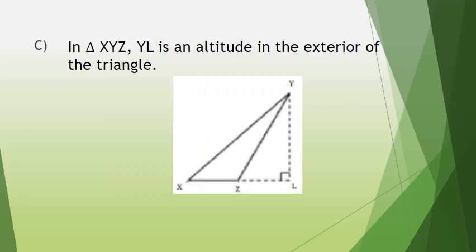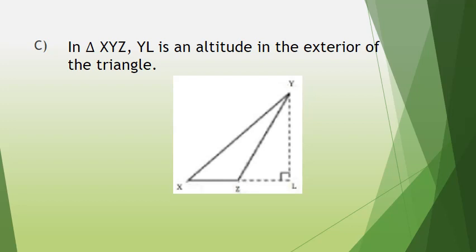Next question, in triangle XYZ, YL is an altitude in the exterior of the triangle. In this case, if we want to get an exterior altitude, you should draw an obtuse angled triangle. So here I have drawn triangle XYZ as an obtuse angled triangle.